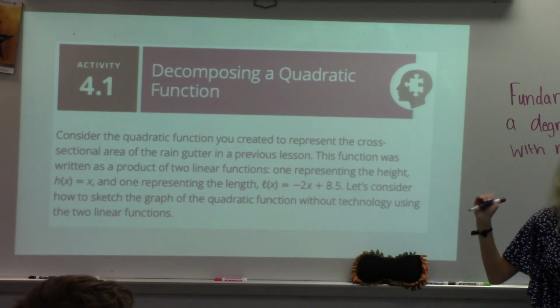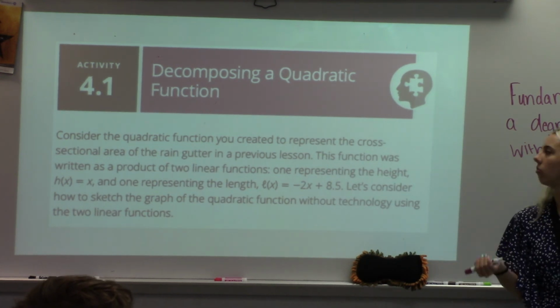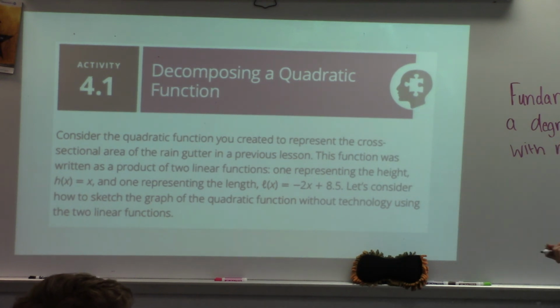What kind of function would I create if I dilate 2 linear factors? Right, so that's what they're saying they did here, and now it's going to show us how we can use our linear factors to sketch the quadratic function without using technology. You can just use the features of the graph to do that.